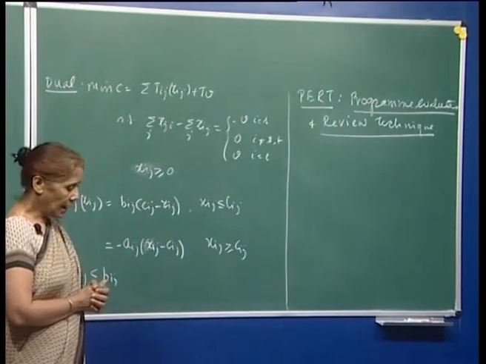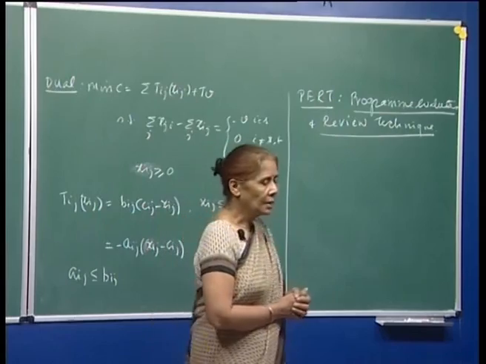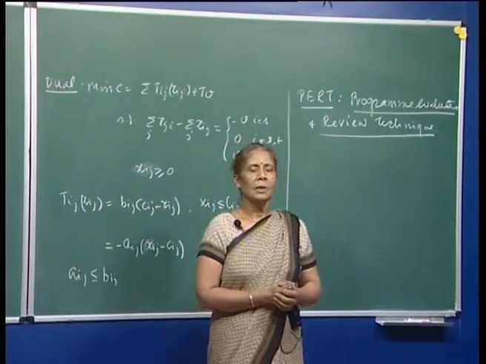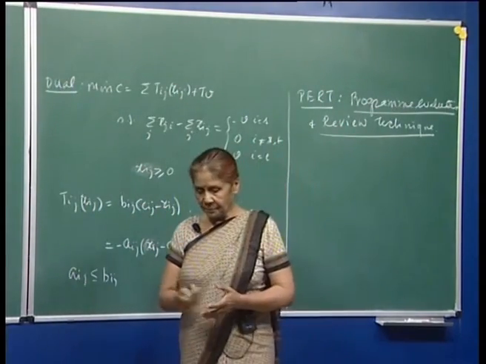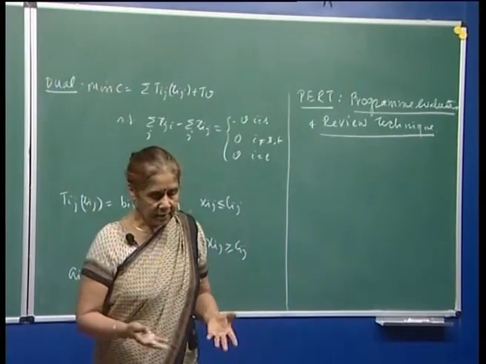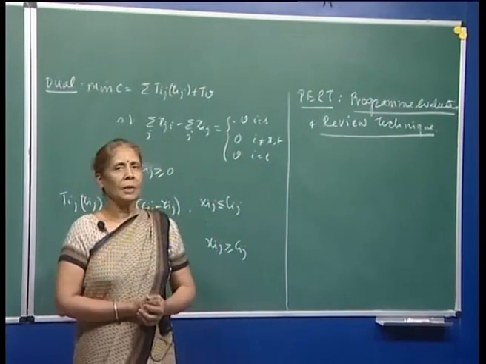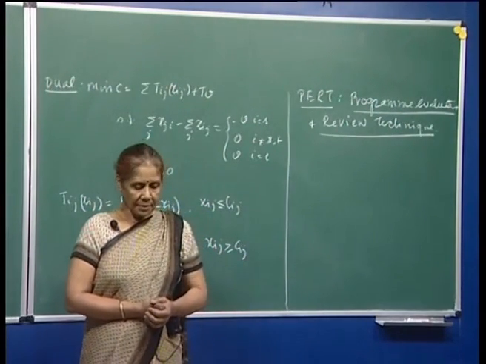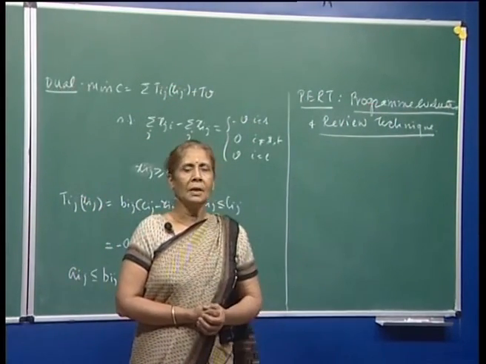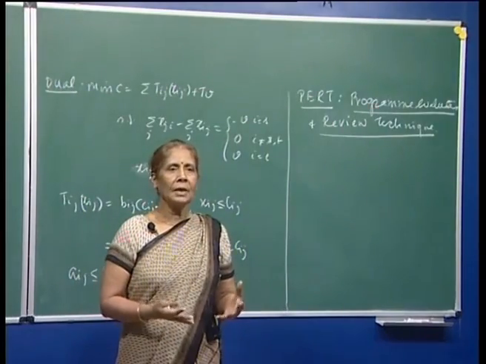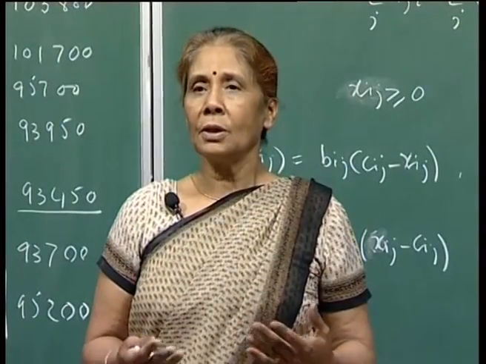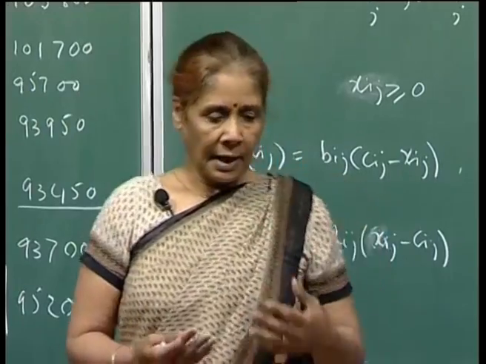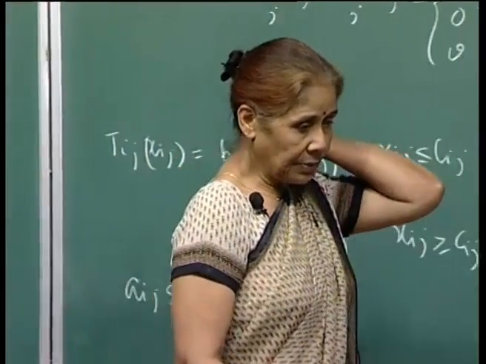But PERT handles a situation, or comes in handy, when it is a new project. For example, our space center has been building these Chandrayaans. So, this is a completely new project. When they sent Chandrayaan 1, it was a new project, and there were a lot of new things which they had not done before, and they could only go by estimates, and even a single estimate may not be enough.